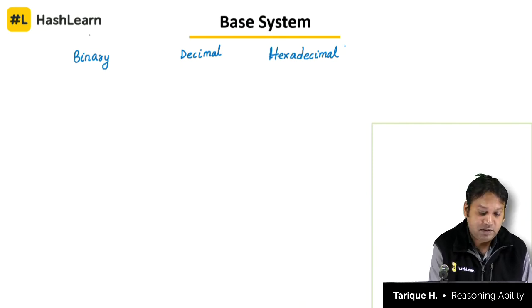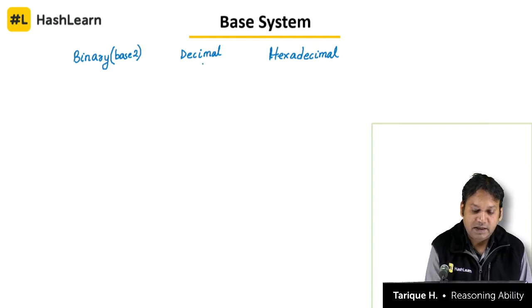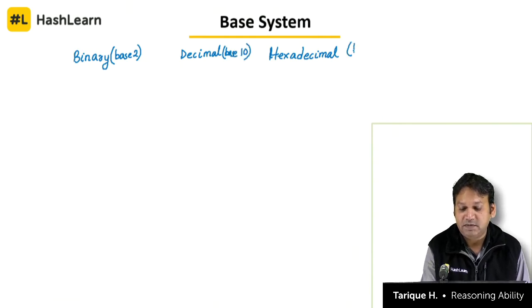Binary number system is base 2. What is the binary number system? We say it's base 2, and the decimal system is base 10, and the hexadecimal system is base 16. What do we mean by this base 2, base 10, base 16, base 8?